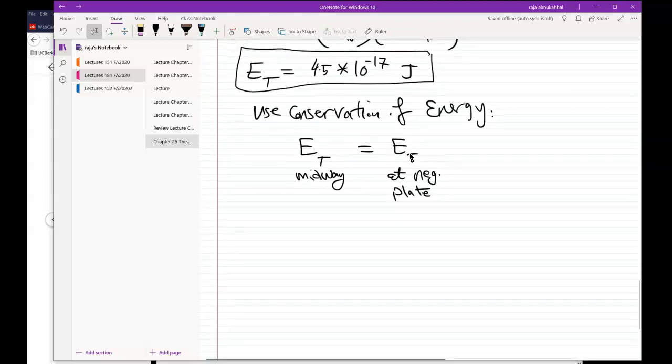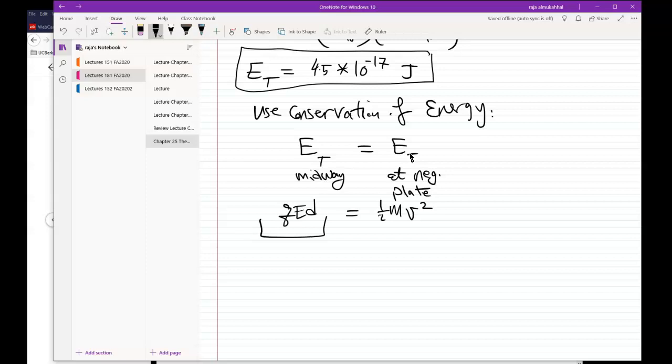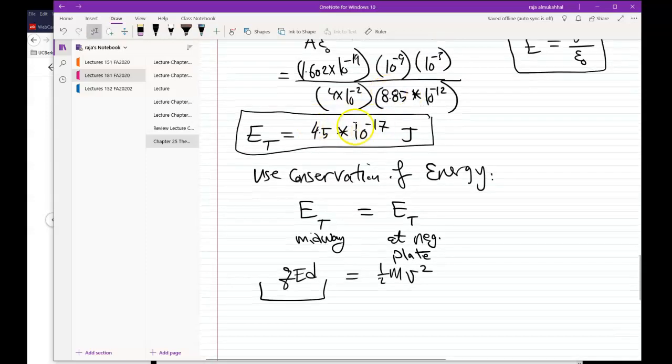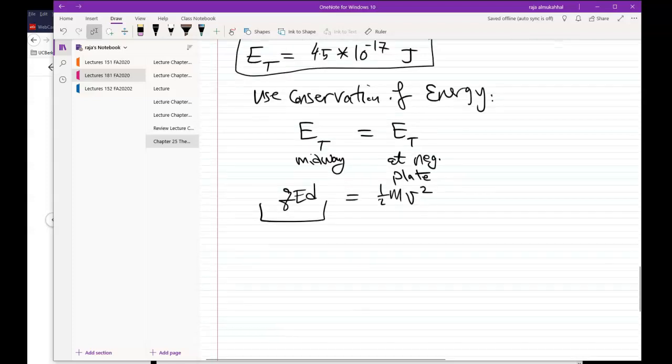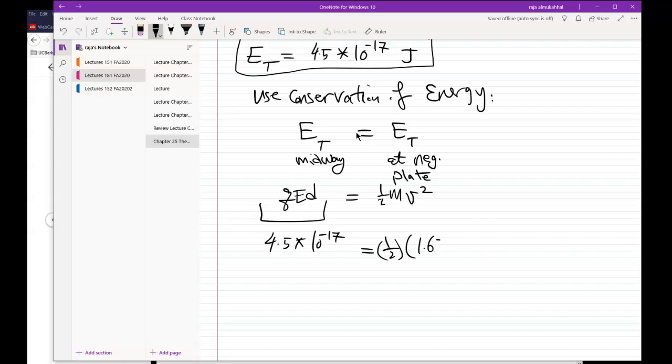So here, at midway, we already said that this is QEd equal to 1/2 mv squared. I already calculated this value right here. That's the number right there, right? So I can go like this: 4.5 times 10 to the negative 17 equals 1/2 times the mass of the proton, 1.67 times 10 to the negative 27, multiplied by the velocity squared, and then I can solve for the velocity.